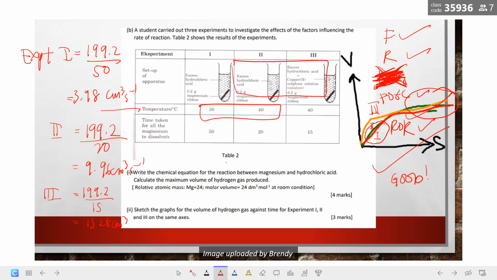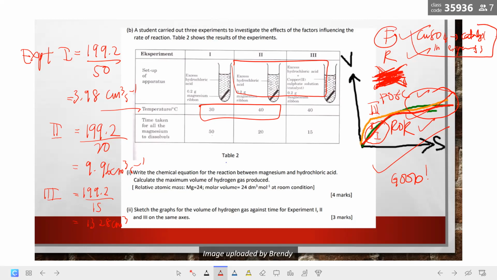Okay, wait. Because I haven't taught catalyst before, let me tune your sentence first. Your sentence is good, Bobby. First of all, your factor: you must say copper 2 sulfate acts as a catalyst in experiment 3. This is the first sentence that you must give.